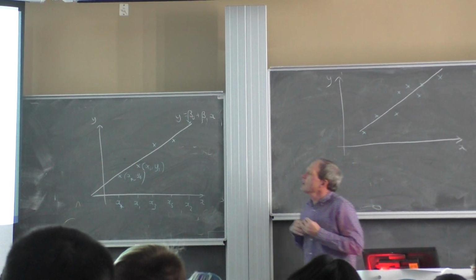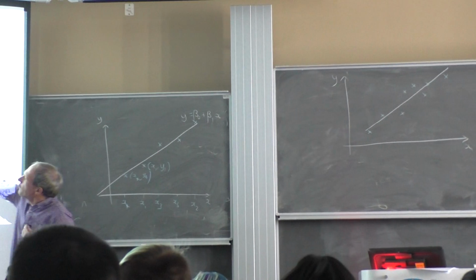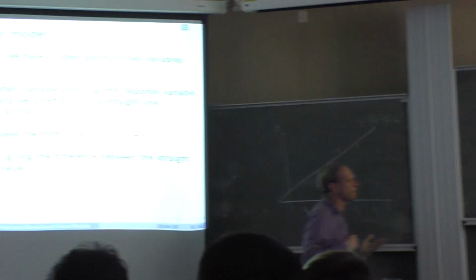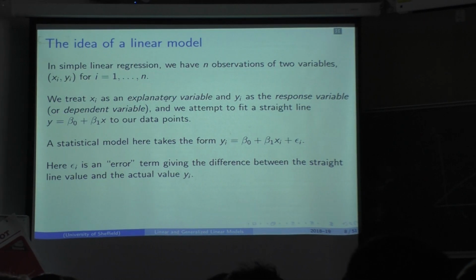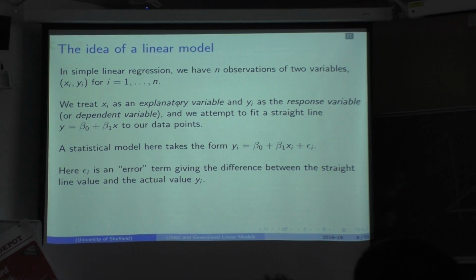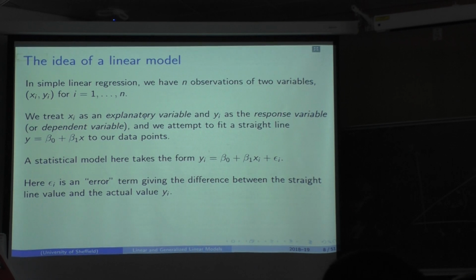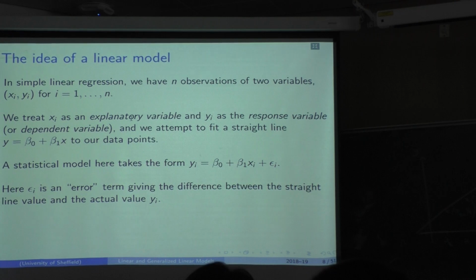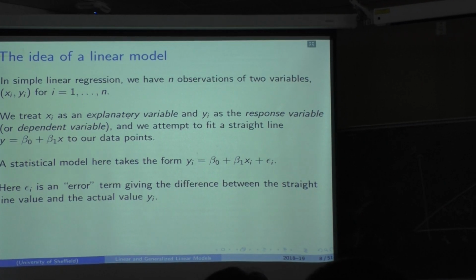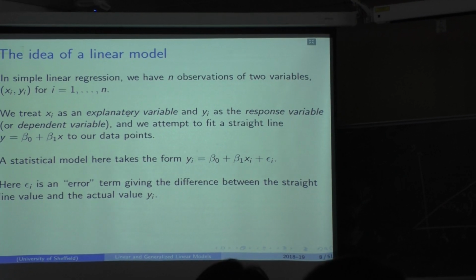Okay, so epsilon i here is often described as an error term. I'd like you to be a little bit careful about using the word error, because it's not necessarily a measurement error. It's a genuine part of our statistical model. We expect that there will usually be some extra cause of variation which isn't predicted by the explanatory variables.